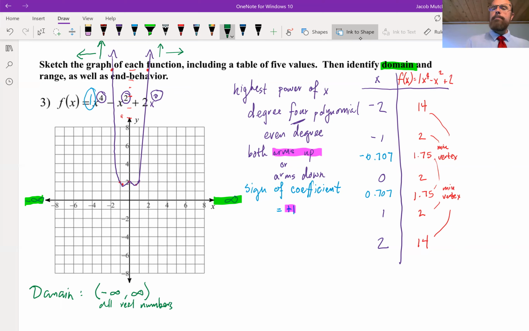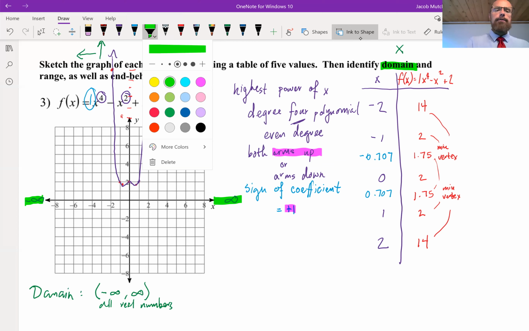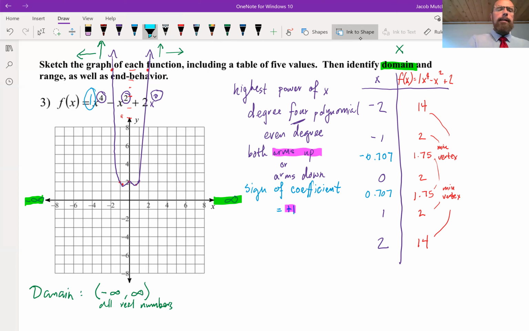So that was a description of the x values. For our range, we'll consider a description of our y values. And that, again, is from the lower part of the graph to the upper part of the graph. When I think about those extremes, the lower part's negative infinity, the upper part is positive infinity. Because this is an even degree function, I'm remembering there's going to be either a starting low point or an ending high point.